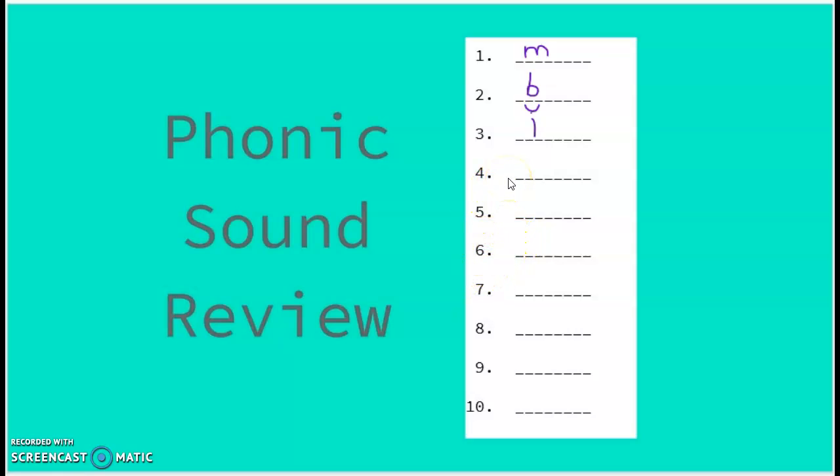Number 4, G. Right. G. Number 5, E. Correct. E. It's a short vowel. It has a breve above it.